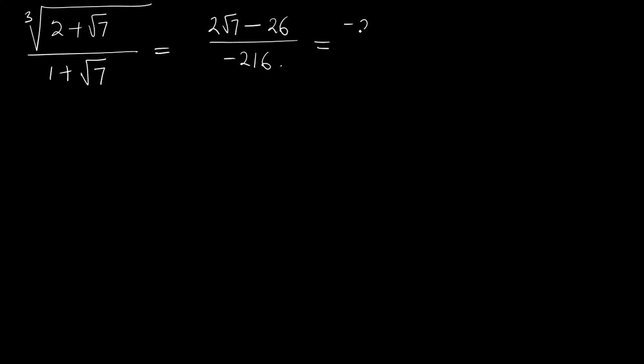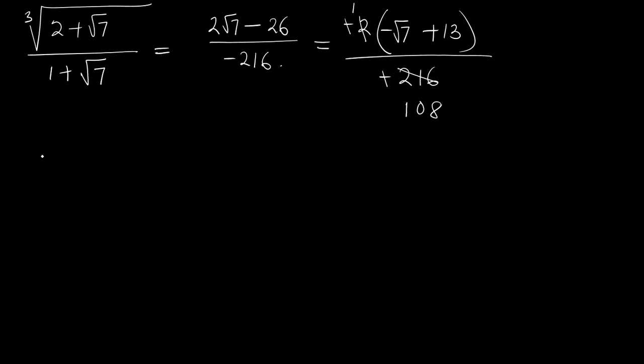We have minus 2, and minus 2 will give us minus root 7 plus 13 divided by minus 216. So minus will cancel out minus, then 2 divided by itself is 1, 2 divided into 216, you have 108.